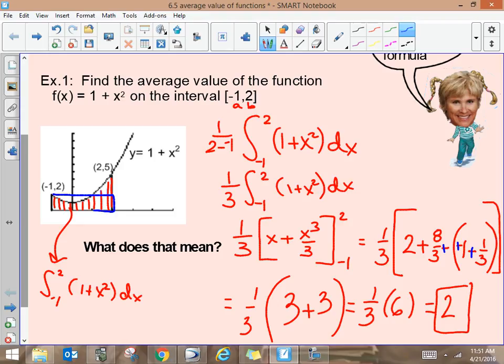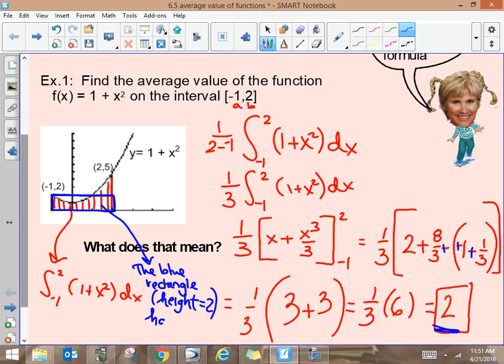This rectangle on the same interval has the same area as this interval. The blue rectangle, remember the height equals 2. That's right here.